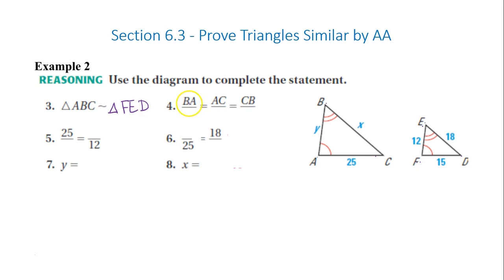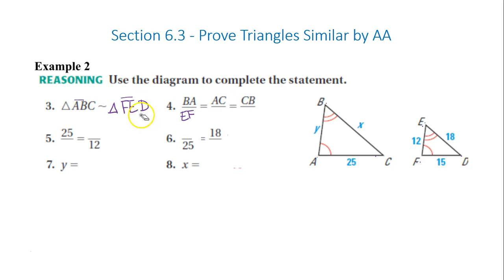Now let's go over to 4. This is asking us to make a statement of proportionality with these corresponding sides that we know correspond to each other. So AB, or BA, that corresponds to FE, or you can write EF.